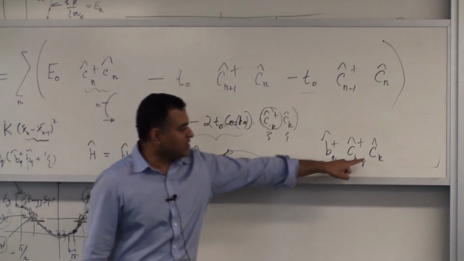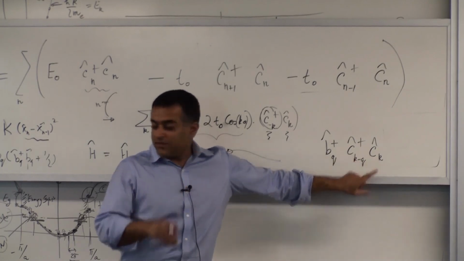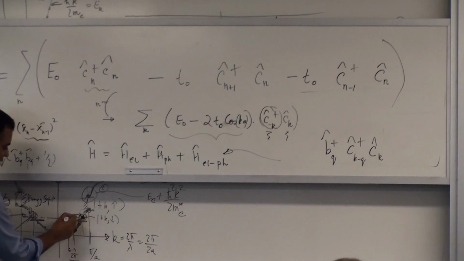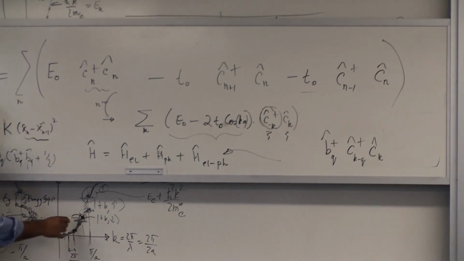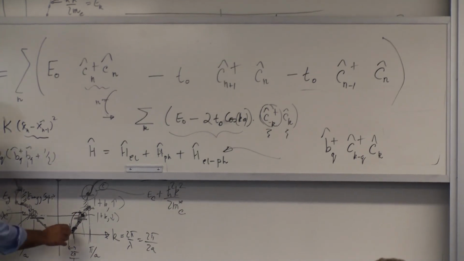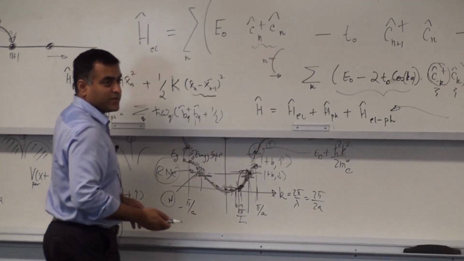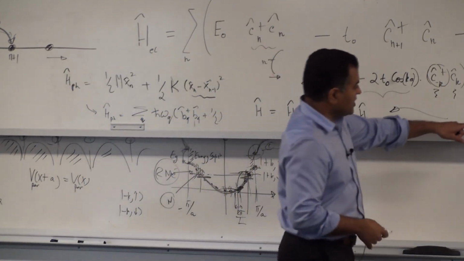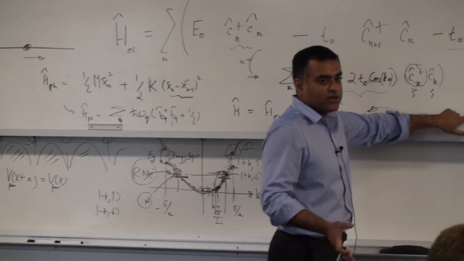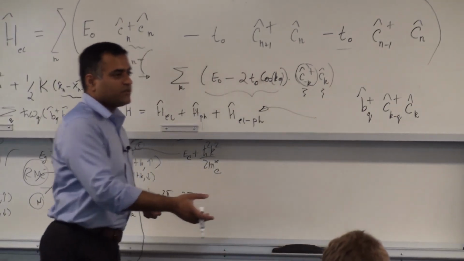I am destroying or removing an electron from state K, and I put it in a state K minus Q. So it lost some momentum, and it also lost some energy. But all of that momentum and all of that energy was taken up, transferred to the phonon. So this is the process that is an emission of a phonon, for example.